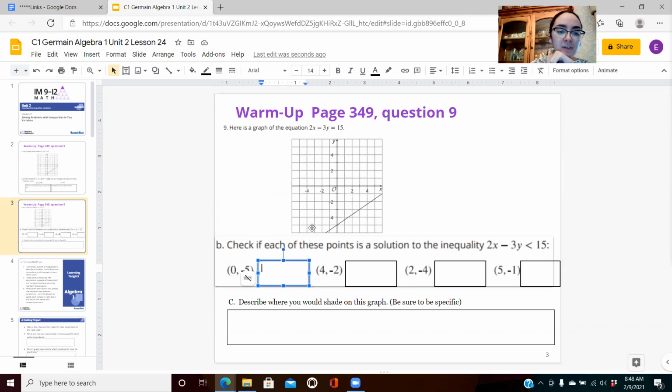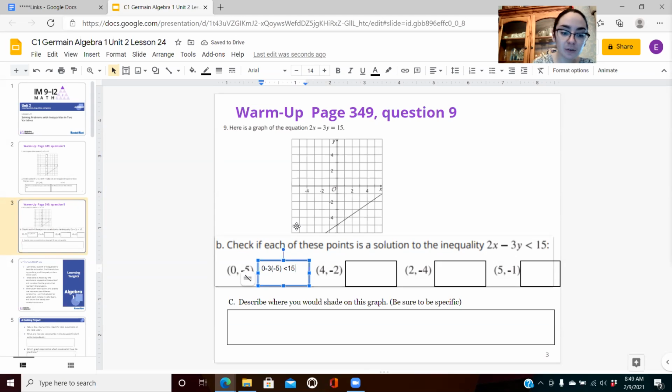If you were to plug in 0, it would be 0 minus 3 times negative 5, and it has to be less than 15.